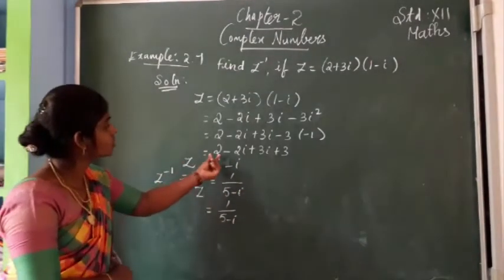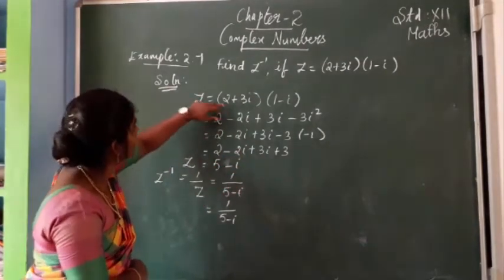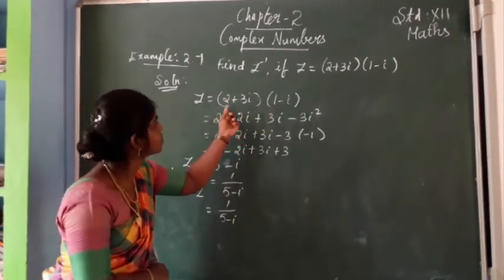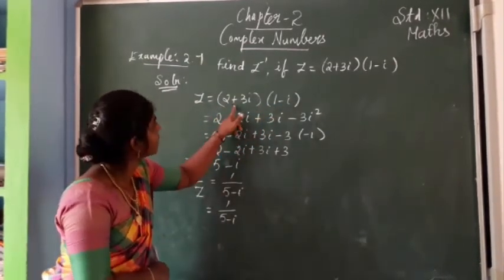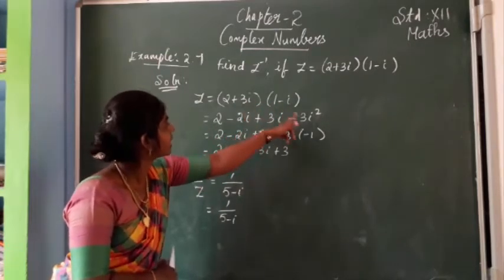So listen, let me redo the multiplication. 2 into 1 is 2, 2 into minus i is minus 2i, plus 3i, minus 3i square.